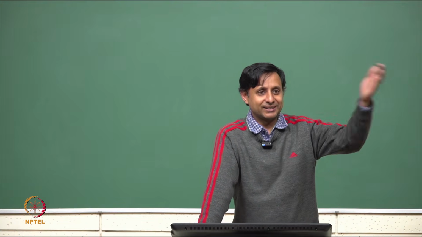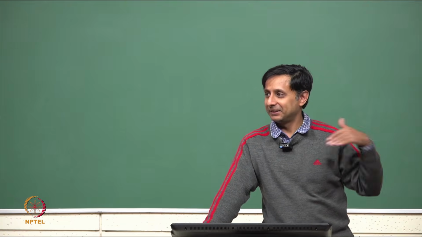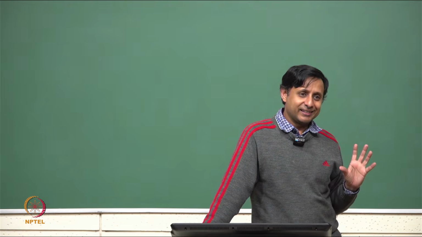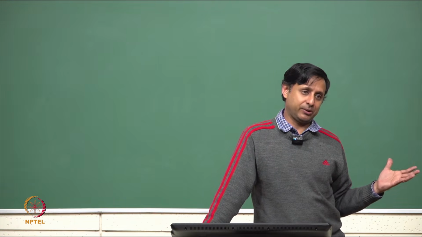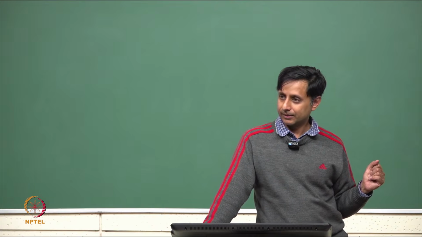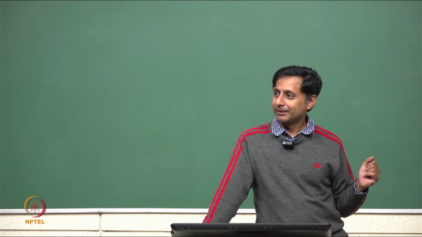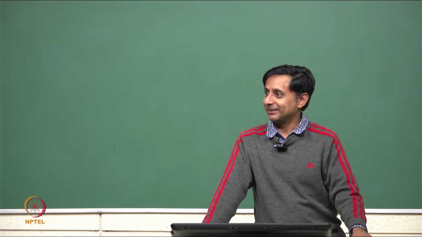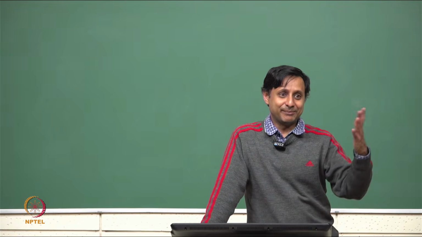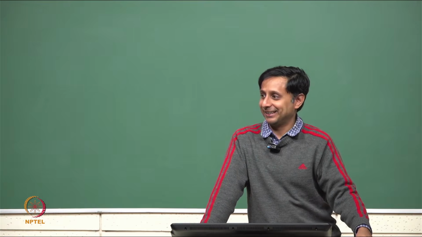Z1, Z2 they were in series. So, this T network, there is a lot of seriousness to it. If I have a word like that, seriousness, there is no such word, but let us imagine a word like that.